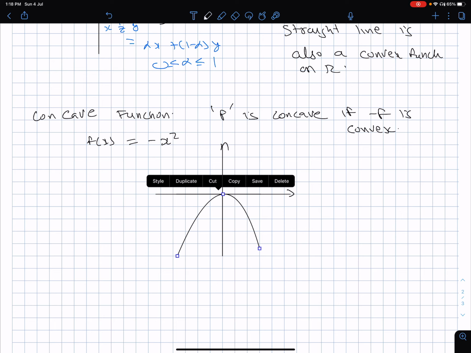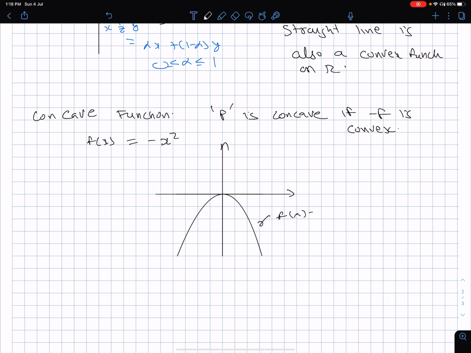Put it here. That's it. So this is a concave function, is it not? Because this is f of x equal to minus of x square, and hence it is a concave function.